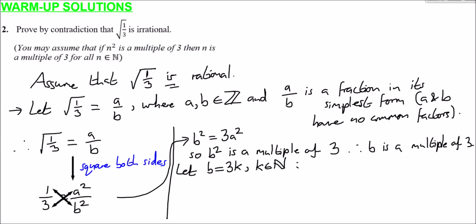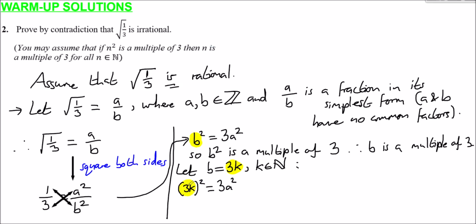So now we're just going to sub in that b is a multiple of 3. So let b equal 3k. So if we sub that into here, then we're going to get 3k squared equals 3a squared.